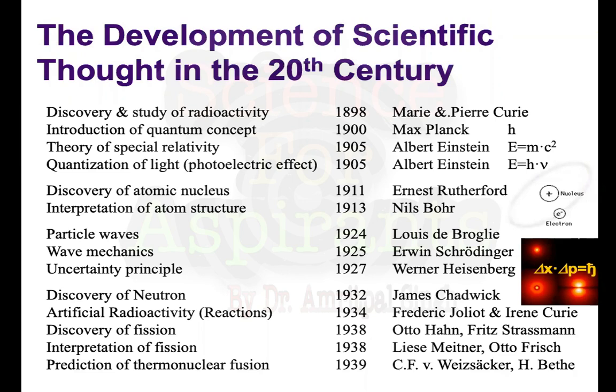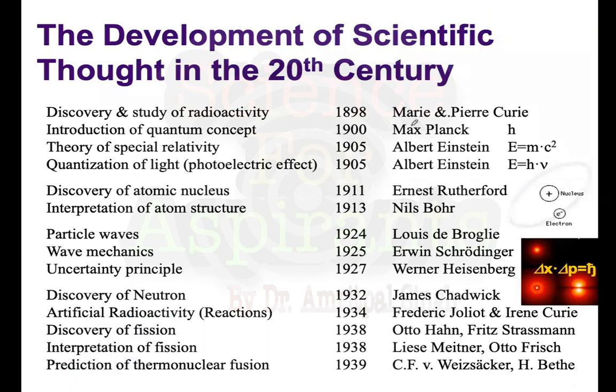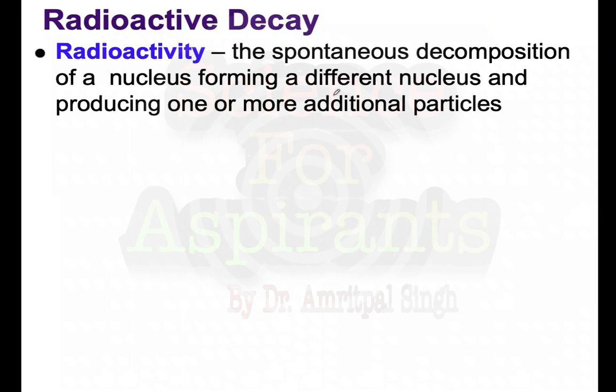The most important years of radioactivity discovery lie between 1800, 1906, and 1913. These are quite important years in which many discoveries related to radioactivity were published by various scientists.